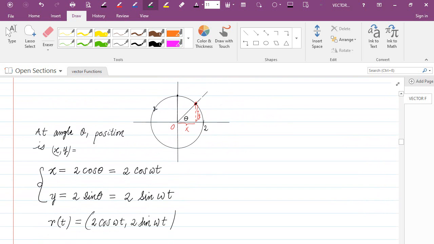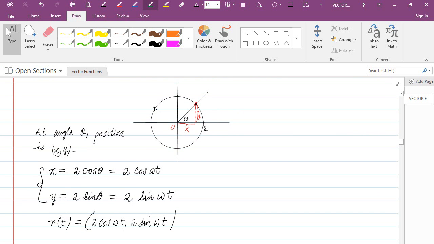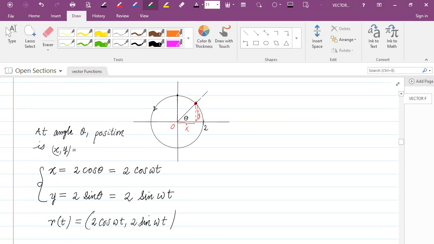Okay, so let's say again at time t, this is the position of the bug, and theta is the angle between its position vector and the x-axis. So at this angle, what is the position vector? Well, I want to know the x and y coordinates of this point.